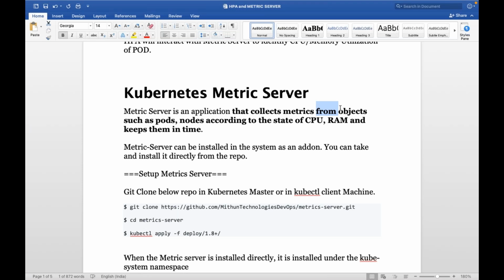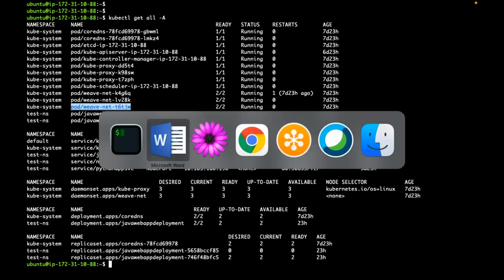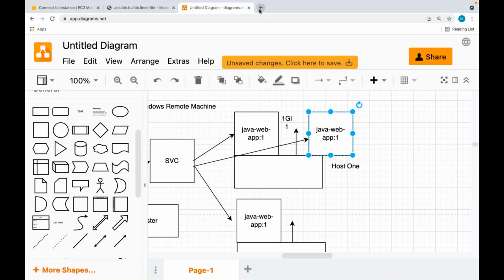So this metric server is going to collect the metrics, like the CPU and memory utilization of your pod, or node, it is going to gather. So do I have a metric server coming by default in Kubernetes? The way I am getting the API server, controller manager, scheduler by default, do we have the metric server running by default? No. So we can deploy metric server as an add-on.